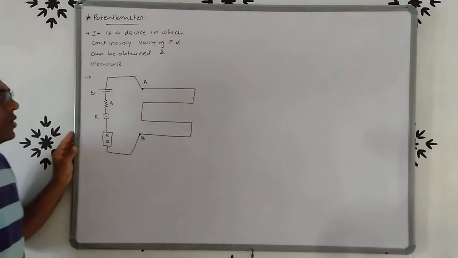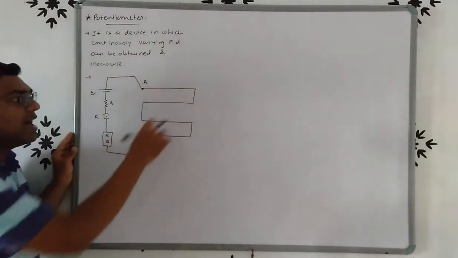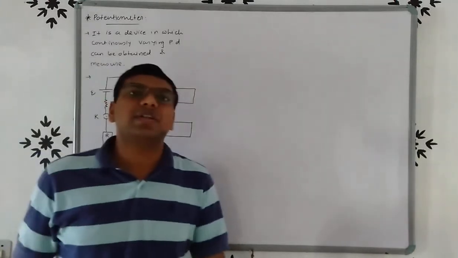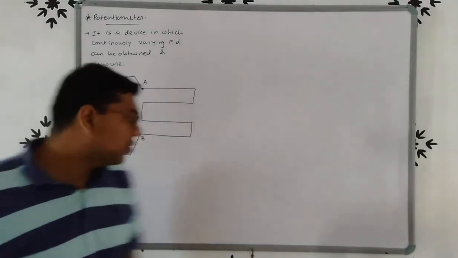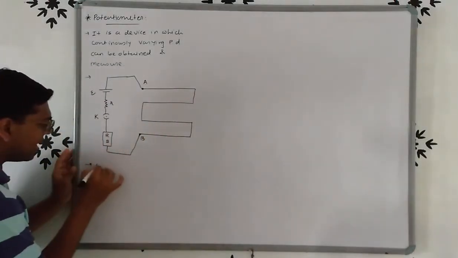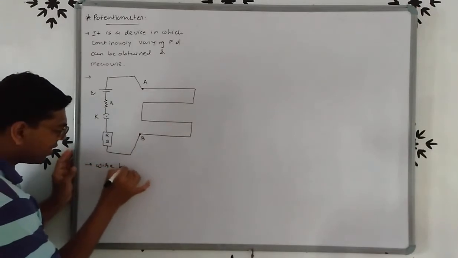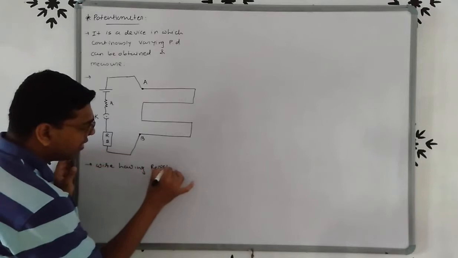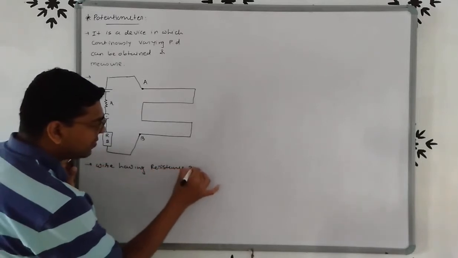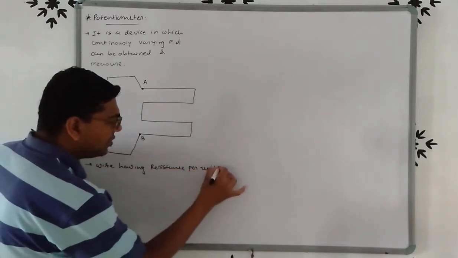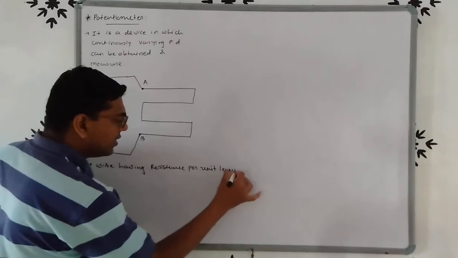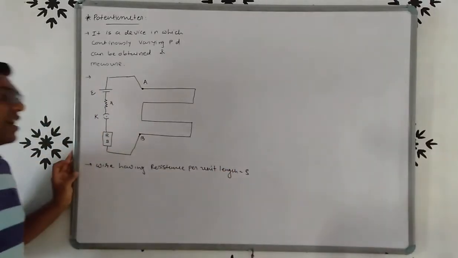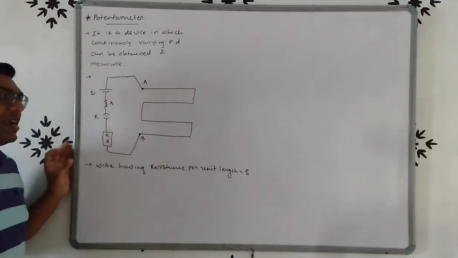Now this wire has resistance per unit length rho.